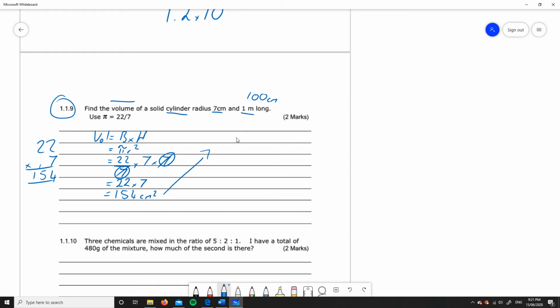So my volume again is base times height, which equals 154 centimeters squared times 100 centimeters for the height, leaving me with 154 times 100, so is 15,400 cubic centimeters.